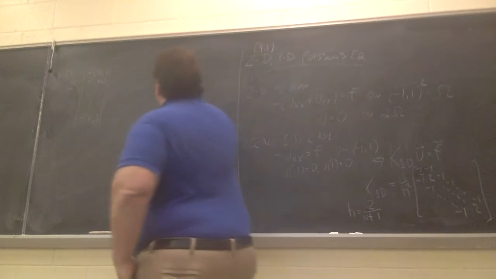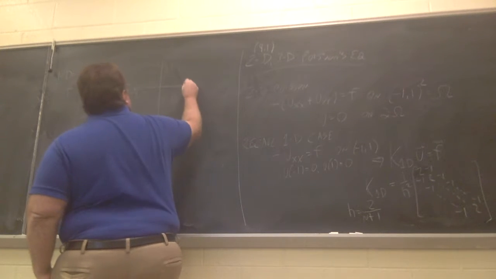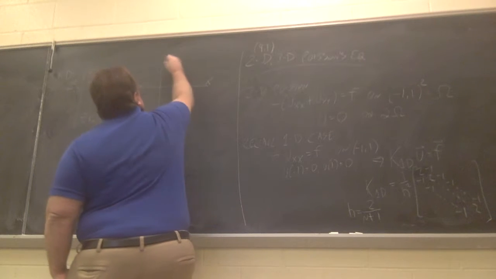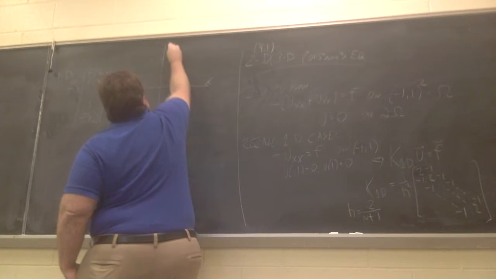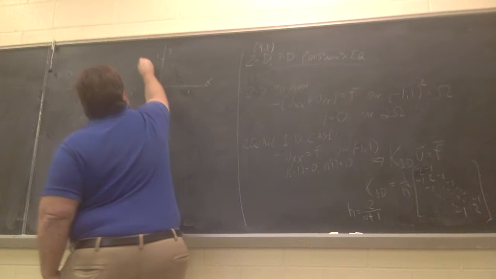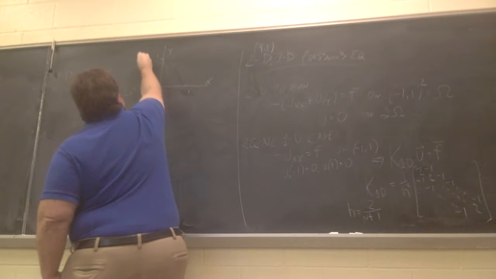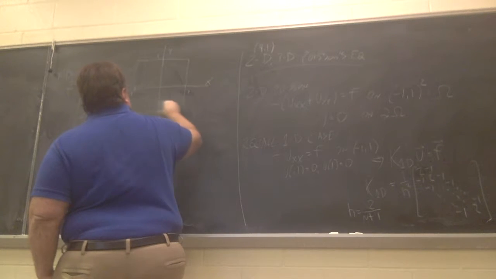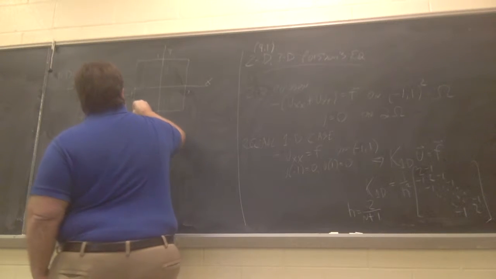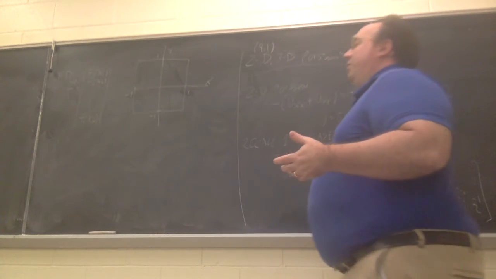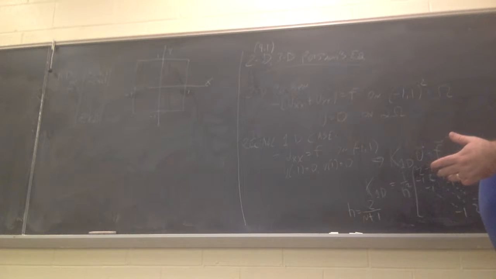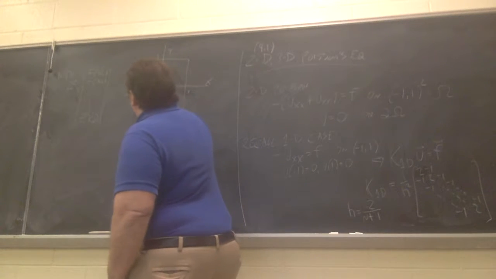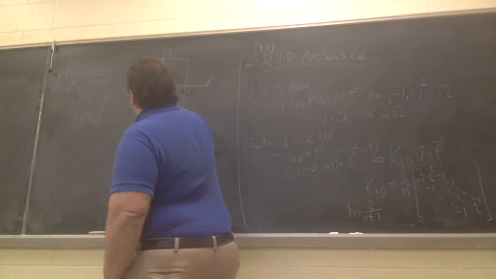So if we're in the other domain, okay, let me draw a very bad square. Now, you know what your solution is on the boundary, 0. Wow, that is a very off-kilter square. So it's in the interior where you'll have grid points.